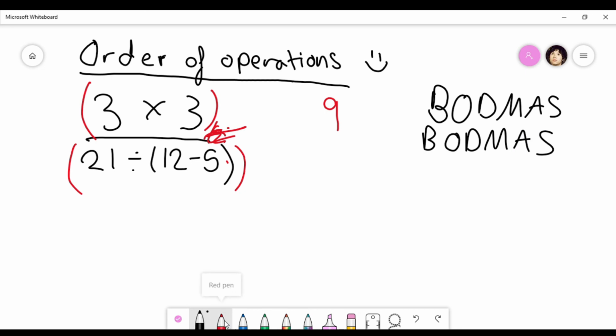And do we have brackets? Yep, and in the brackets we have a subtraction, so we're going to subtract. So that equals 7. We don't have any other operations, but we do have a division. So we're going to do 21 divided by 7, which is equal to 3.